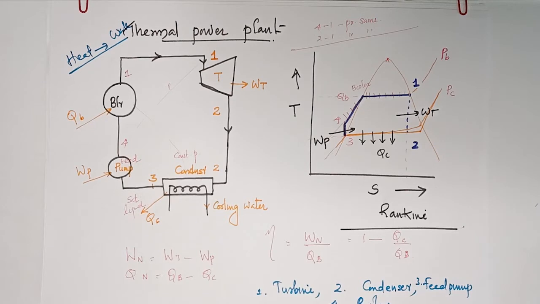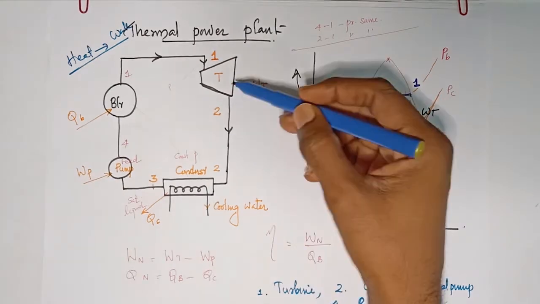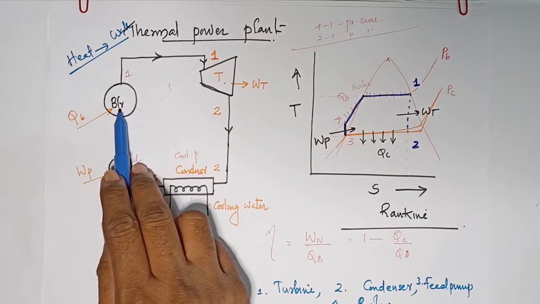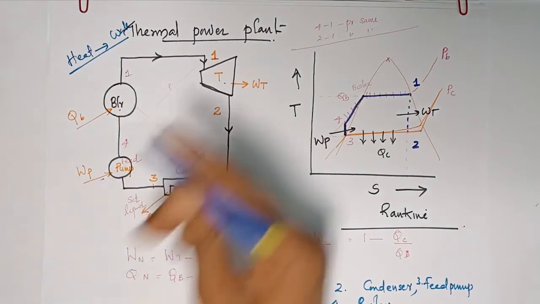In the turbine, what is happening, in the condenser, what is happening, and from the energy change and thermal point of view, we have to analyze all these components. So a thermal power plant consists of this turbine, this condenser, this feed pump, and this boiler. Let us start from here.